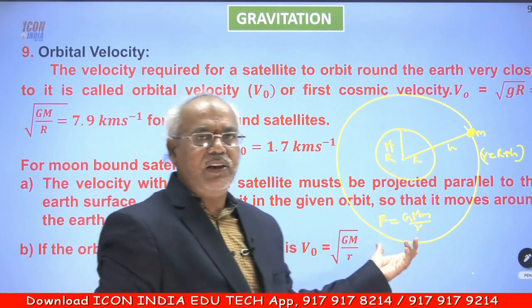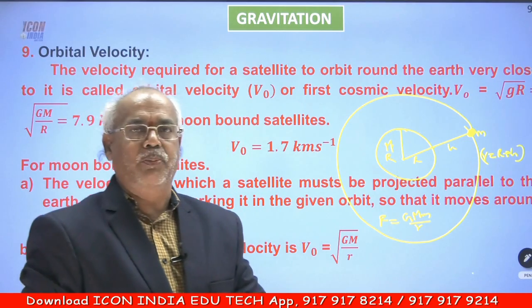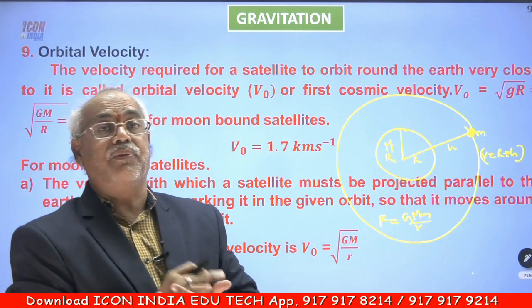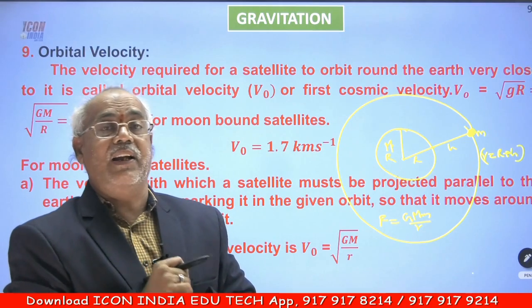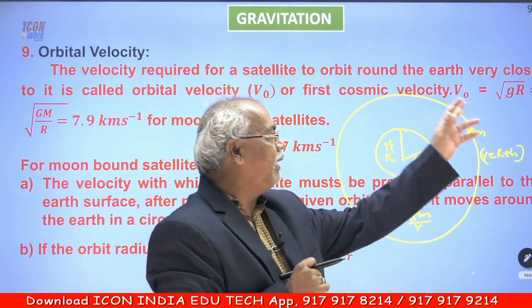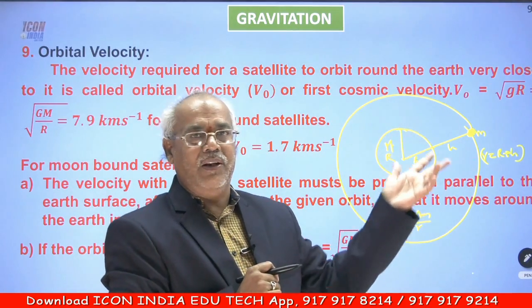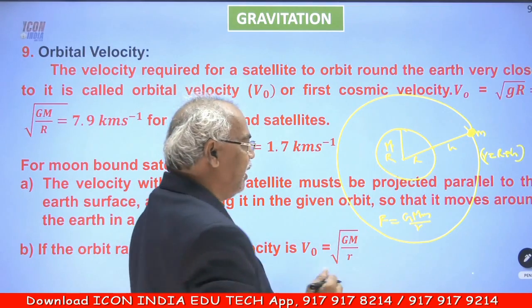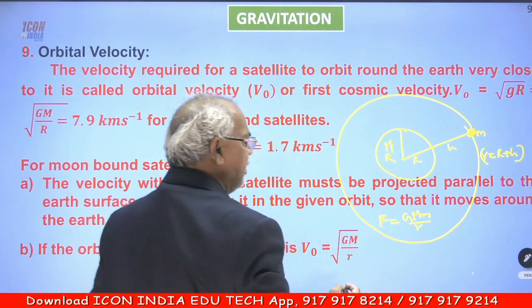Here this gravitational force provides the required centripetal force to that satellite. So the satellite revolves around the earth with its velocity. That velocity is called orbital velocity.